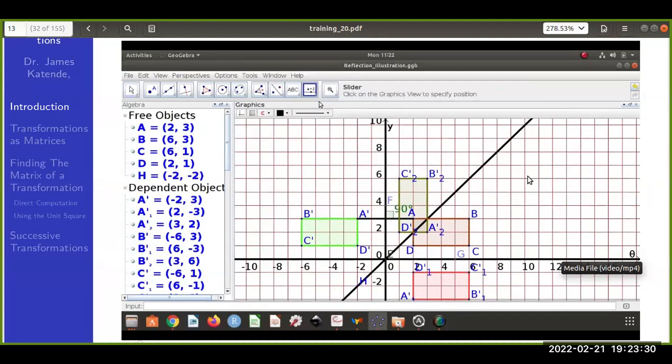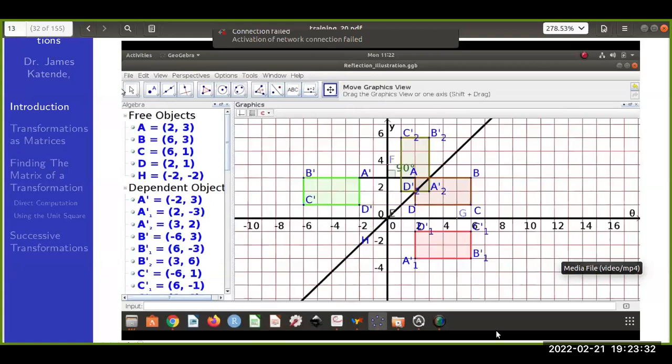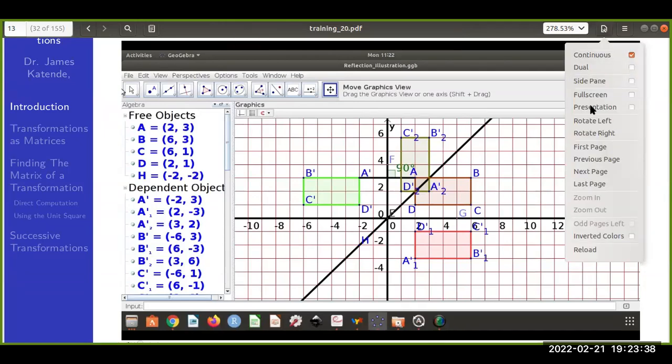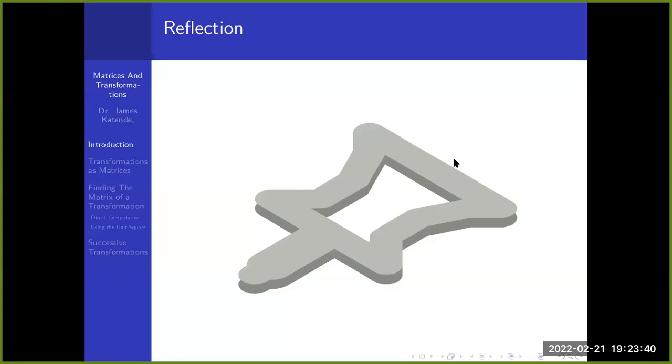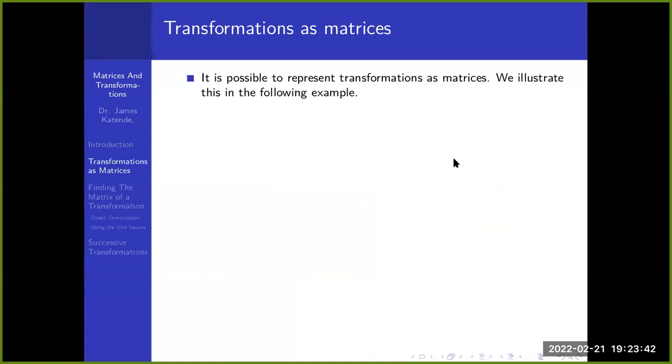So I think we can go back to the slides now. Well, the aim finally was to be able to write transformations as matrices.